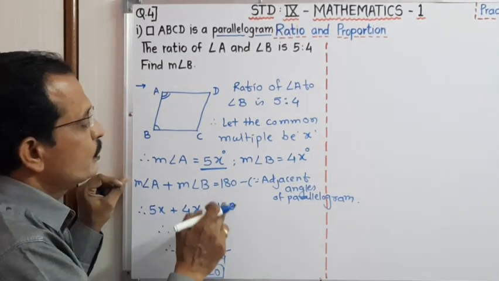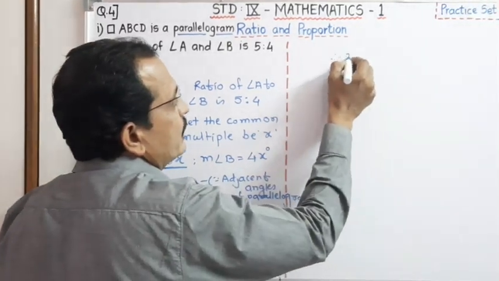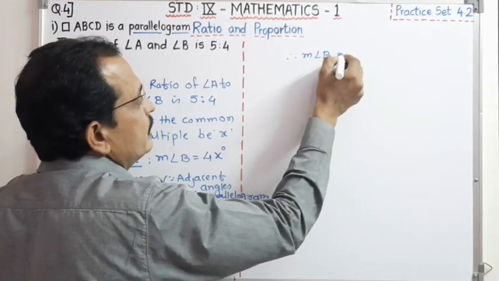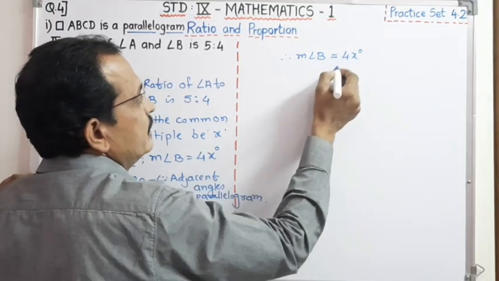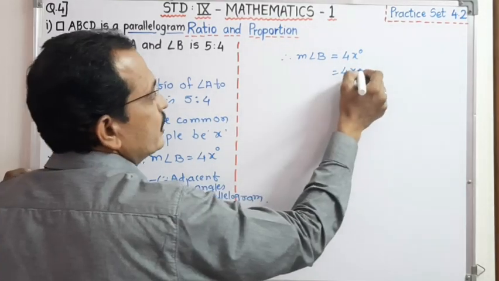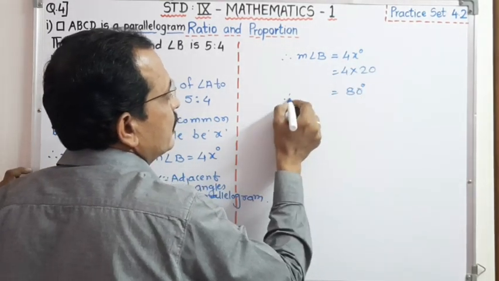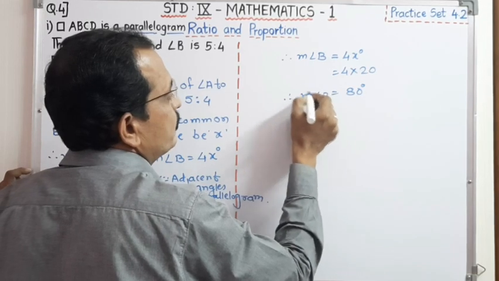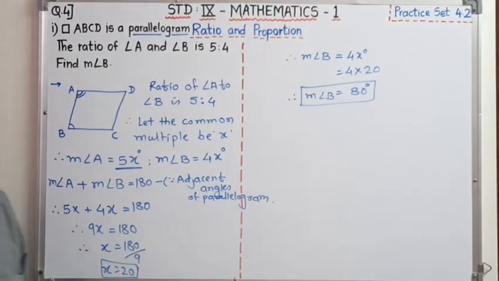Now we have to find out the measure of angle B. Therefore, we can write measure of angle B is equal to 4x degrees. Therefore, 4 into the value of x, which is 20, is 80 degrees. Therefore, dear students, measure of angle B is equal to 80 degrees. This is our final answer.